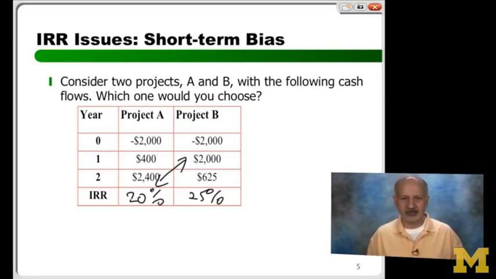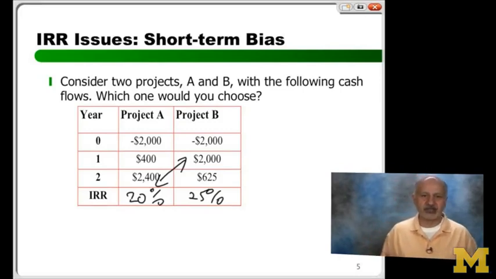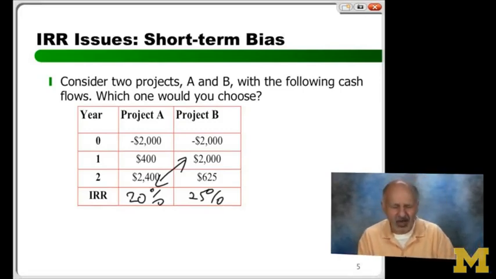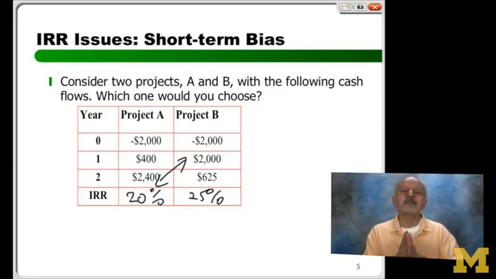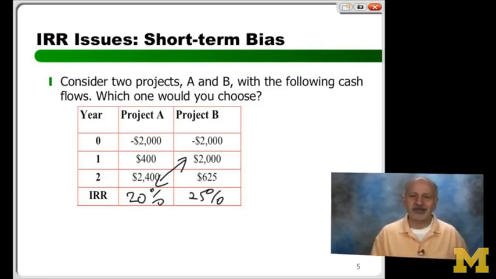However, let me ask you, what's missing when I compare 25 with 20? And this is so common in the real world. What's missing is I'm comparing things internally. What is my real benchmark even for IRR? What is the cost of capital outside?